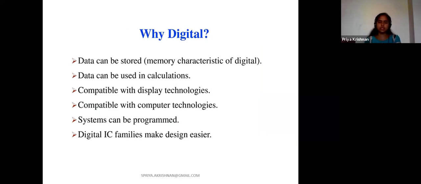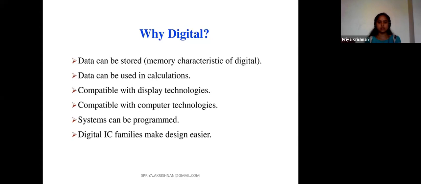Before moving into this slide exactly, what is digital? How can I generate digital? Anything which is generated by nature, or which is available in nature, is an analog signal. There is no digital signal generated by nature.